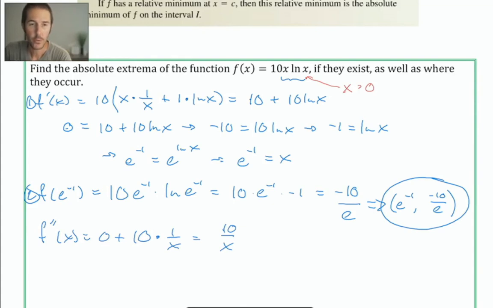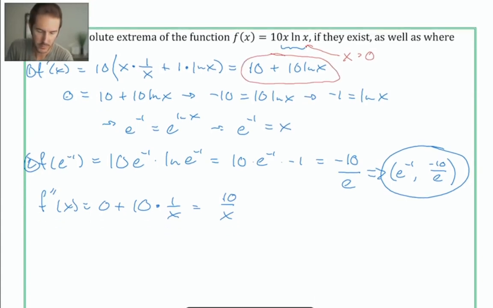And we're going to test the x value of e to the negative 1 in our second derivative to test for concavity. So we need f double prime of e to the negative first power equals 10 over e to the negative first power, which is equivalent to 10 times e to the first power.